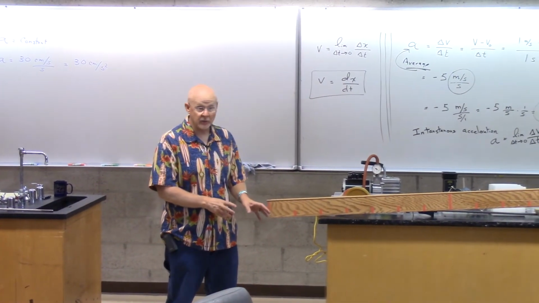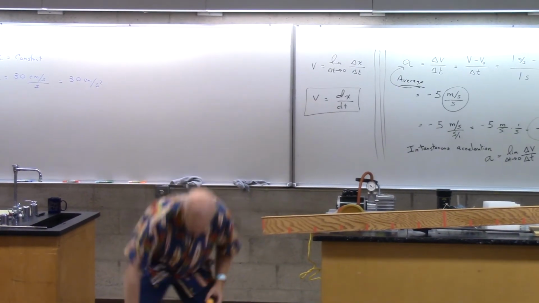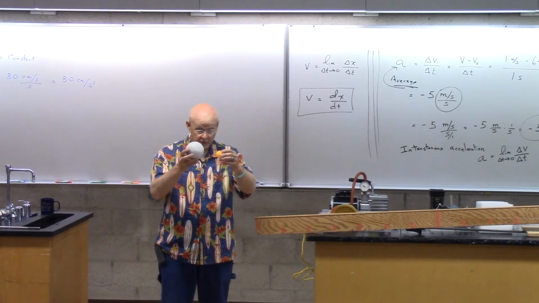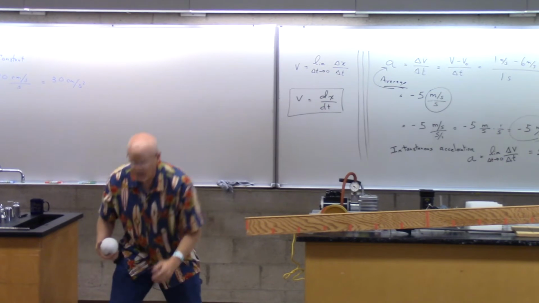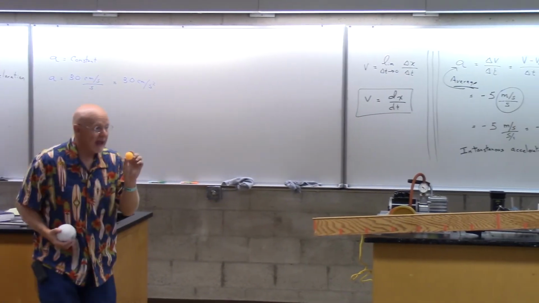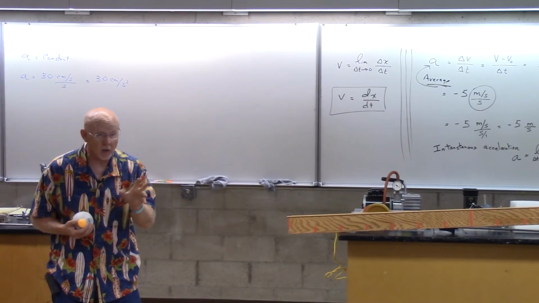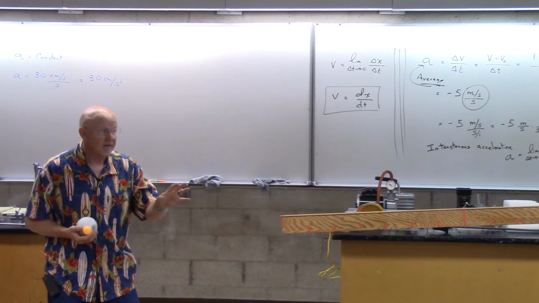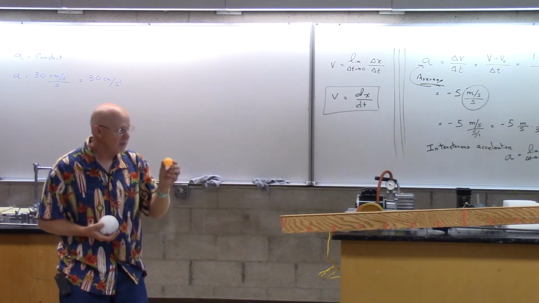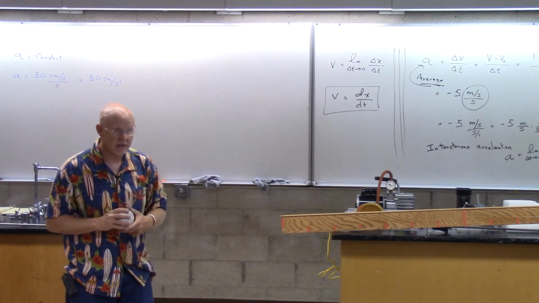This is interacting with the air. Technically, when I dropped the ping pong ball, there was air resistance too. But the ping pong ball was pretty small, and it wasn't going real fast, and so the interaction with the air was negligible. If I had dropped it from a tall building, that wouldn't be the case. And so when we use that phrase free fall, we're really saying without air resistance.